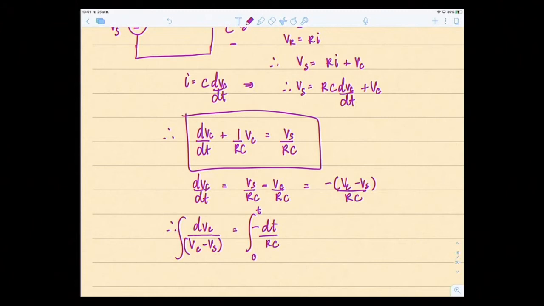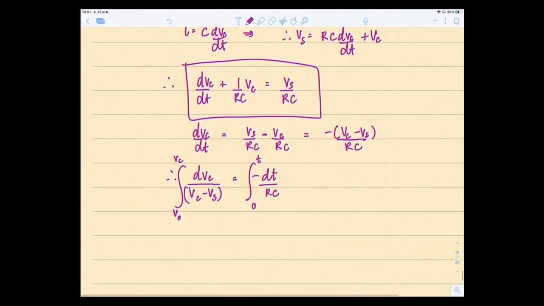If we say that Vc at t equal to 0 has some initial value, which is V naught, and at t equal to t it's something we don't know yet, so we write it as a variable Vc. When you integrate this, you would get ln(Vc minus Vs), from V naught to Vc, equal to minus t over RC from 0 to t.